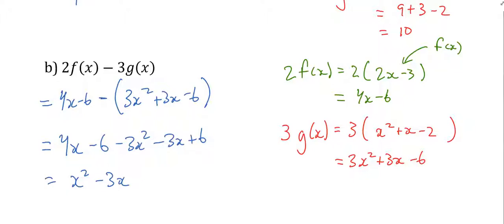Collect like terms. Negative 6 plus 6 is 0, so that's gone. Oops, I did that wrong, didn't I? That should be 4x goes with 3x, so that should be negative 3x squared plus x. That looks better. X's go together. Any questions about that?